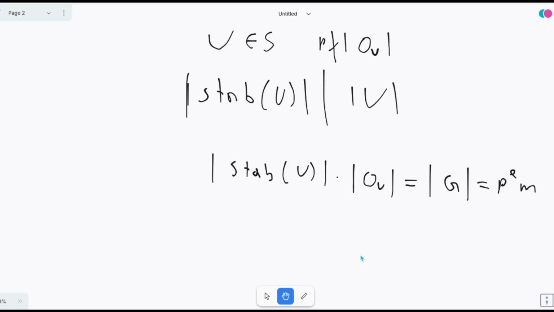And we have that the orbit is not divisible by P. I won't write it out, but the point is that because this product equals P to the E times m, we must have that P to the E divides the order of the stabilizer.